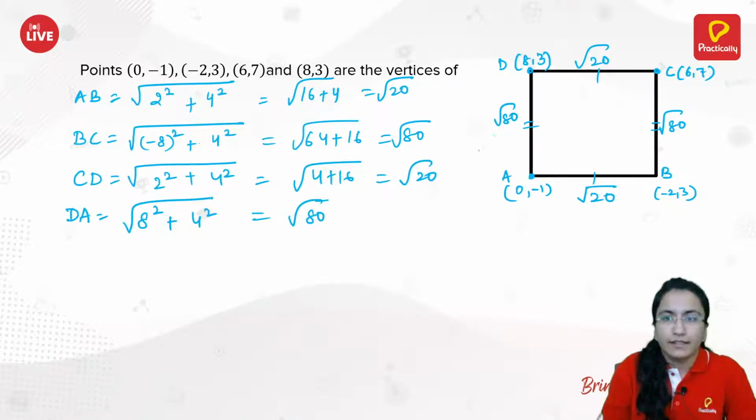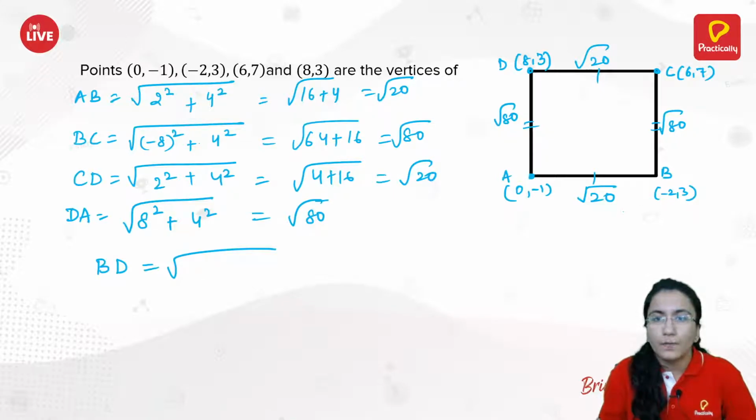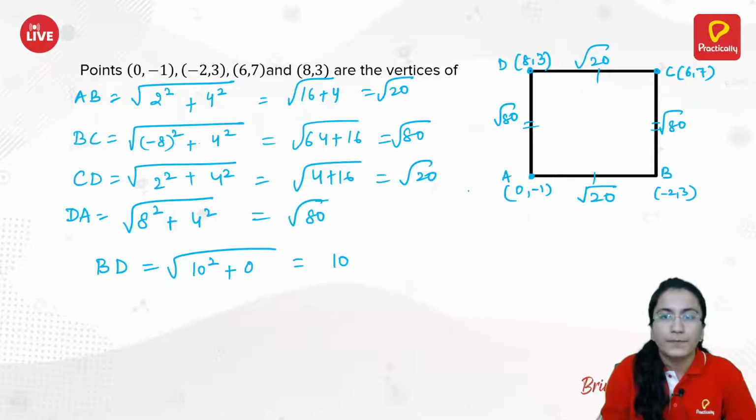So let's just take. You need to calculate BD distance, that is under root of (minus 2 minus 8), that means 10 square, plus 3 minus 3, that is 0, so 0 square, that means you have just value 10. So this BD length, first diagonal length, is 10.